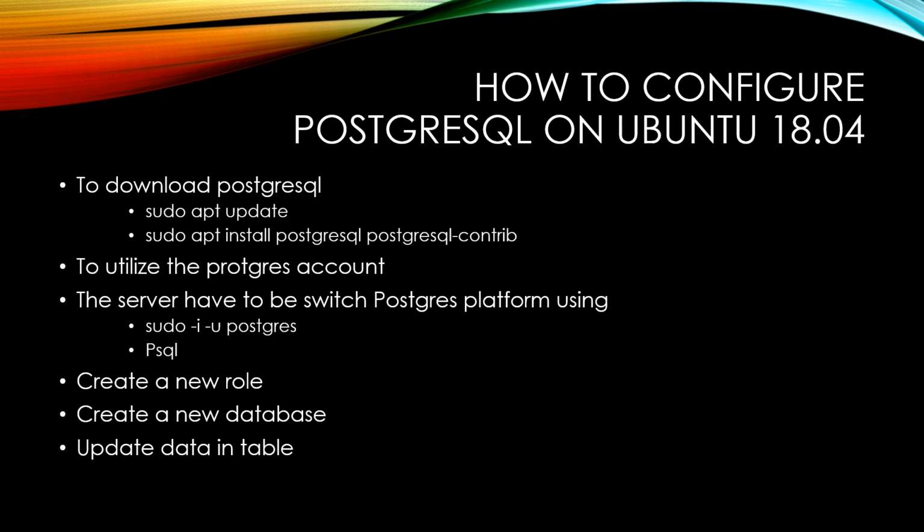It is in that particular Postgres platform that all the configuration is going to be done. It is where you're going to create the role, create a new database, and also create a data table.